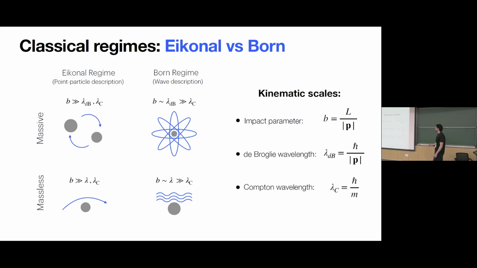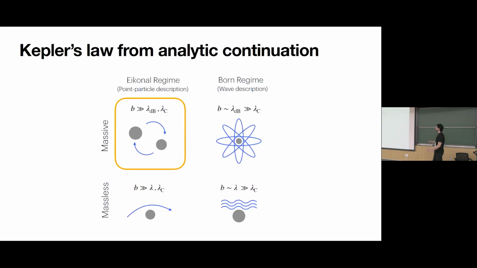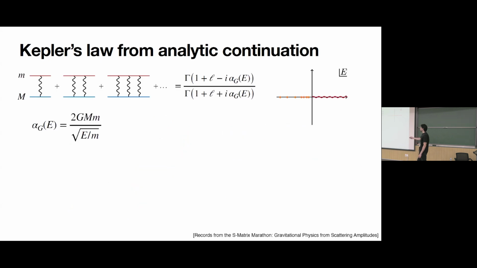Okay, so I'm going to start by just deriving Kepler's law from this idea of analytic continuation. The idea is exactly like in the previous case. I scatter two masses in the Newtonian regime. If I take this partial wave basis, this just resums to a set of gamma functions.